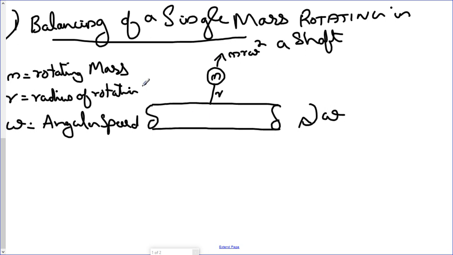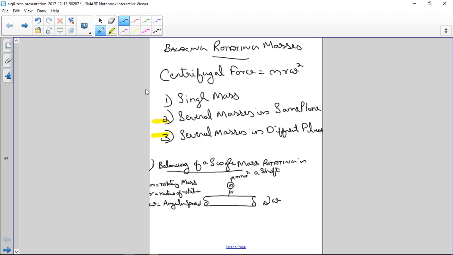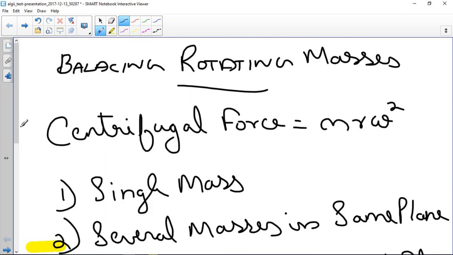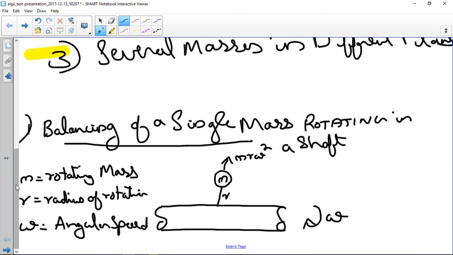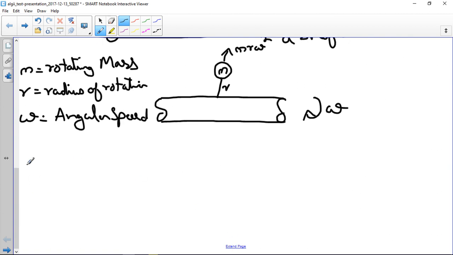So our duty, as engineers, is to balance this unbalanced force. The easiest option is to put a mass that will counter this unbalanced mass. That is done by using another mass given to the shaft, known as the balancing mass.